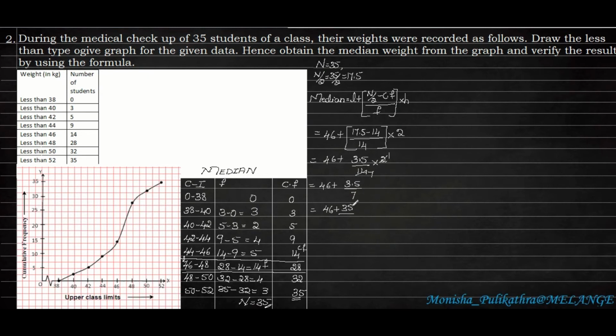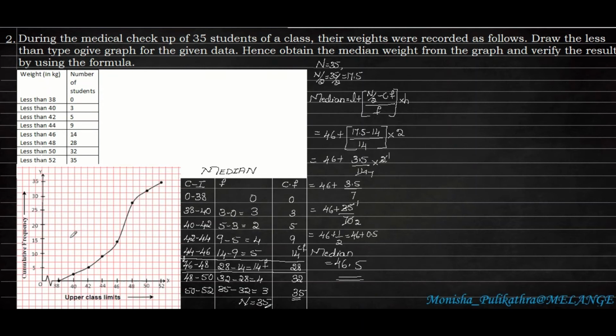So 7 into 10 will be 70. So we divide 35 by 70; 35 ones are 35 and 35 twos are 70. So 46 plus half, and we know the value of half is 0.5. So the median will become 46.5. This is the median weight.